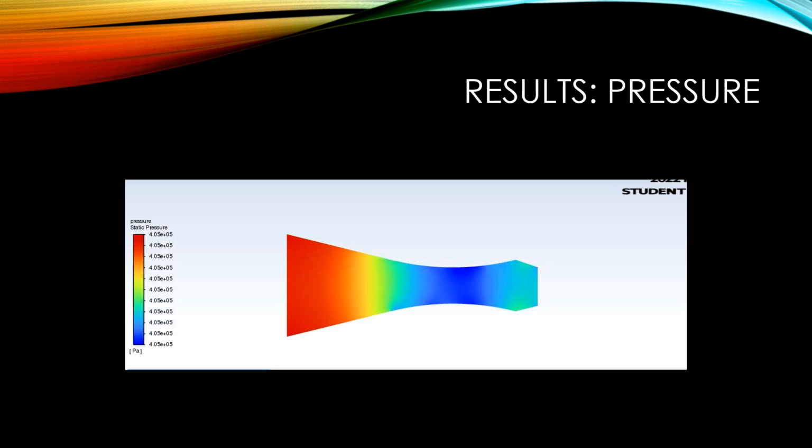Very much in what you'll see if you do some research concerning turbines like jet engines, you'll see that the pressure is usually high towards the inlet of the turbine and low towards the nozzle.